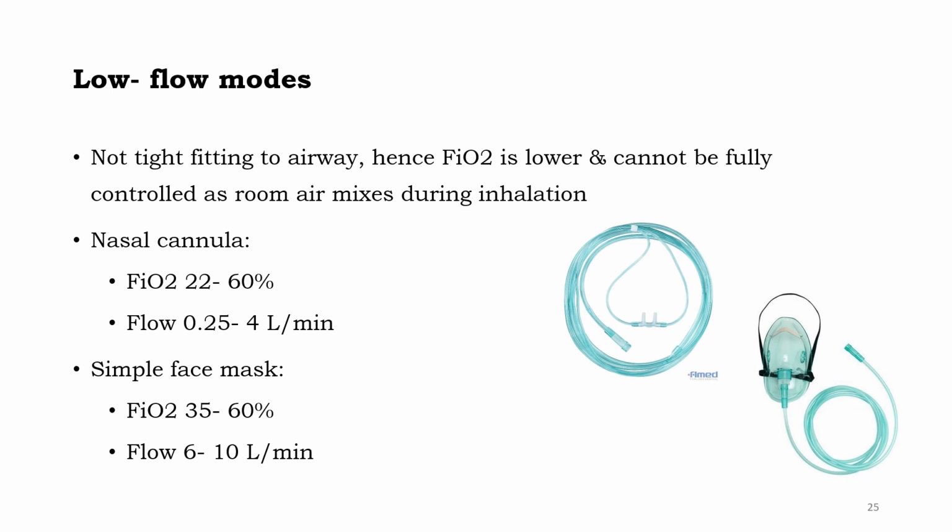So a nasal cannula, which is the first picture on the left side, can give an FiO2 of up to 60% and flow of up to 4 liters per minute. And a simple face mask can go up to 10 liters per minute. So just to note, the FiO2 of room air is 21%. So these low flow modes can give this amount of flow and FiO2.